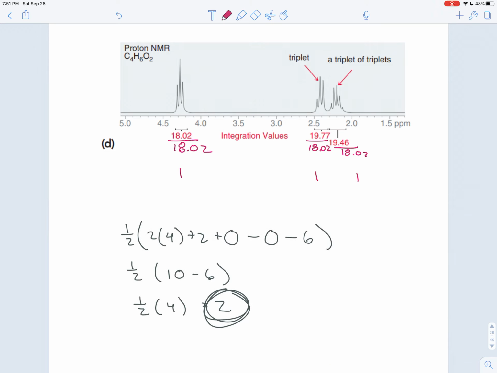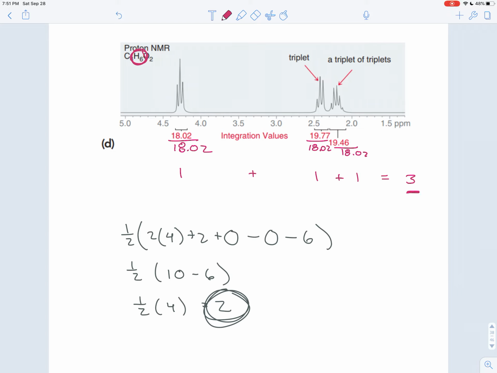So 1, 1, and 1. Those are the relative numbers of hydrogens. So for every 1 hydrogen in this peak, there's 1 hydrogen in that one and 1 hydrogen in that one. Relative numbers, but to see whether they're the absolute numbers, the exact numbers, you'd have to add them up. That gives us a total of 3 hydrogens, but notice there are actually 6 hydrogens in the molecule. So these are not the absolute numbers of hydrogens in each of those environments.